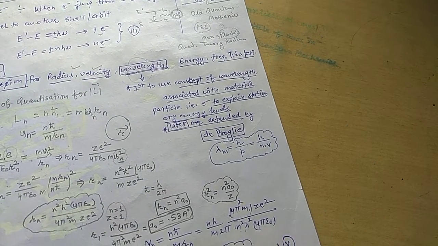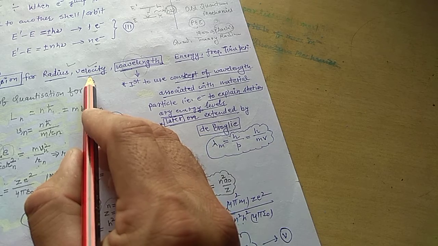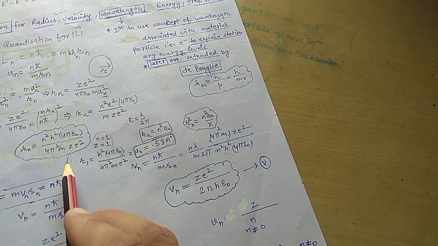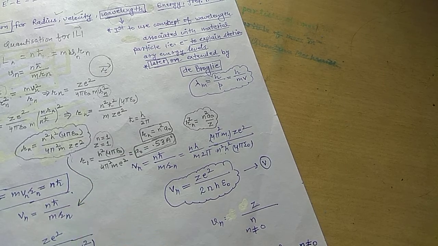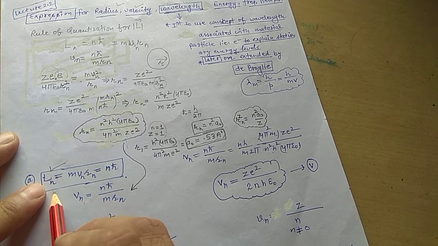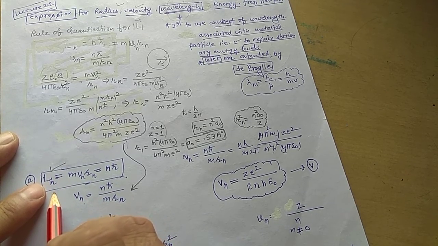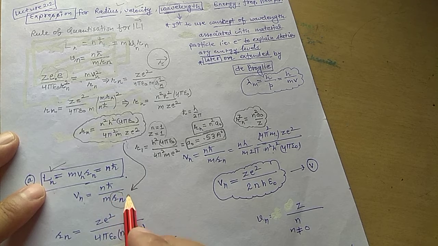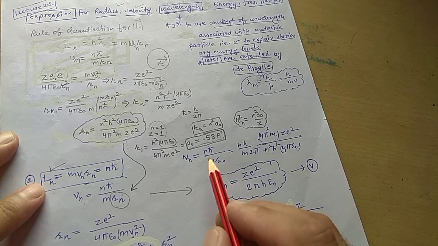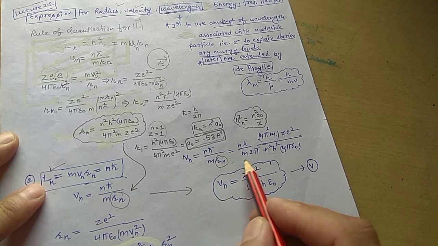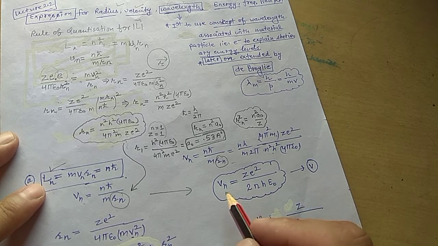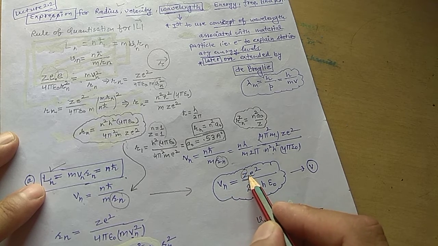So class, now we will find out the velocity in the Bohr orbits. To find velocity, we will put the value of Rn in the velocity, and the velocity you get from the rule of quantization for angular momentum. So here you substitute the value of Rn, and you will get the result like this. Here you will see the velocity depends upon the atomic number.